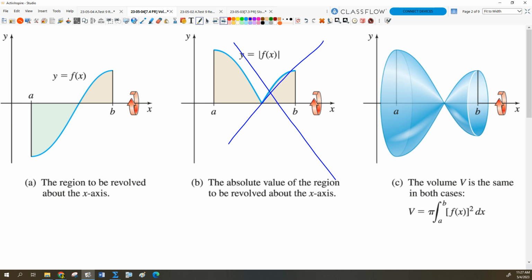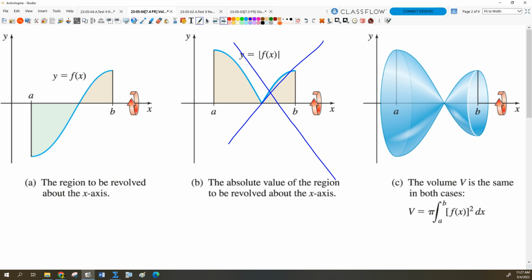No, you don't need to, because it doesn't matter if the curve is below or above the axis. When I rotate this thing 360 degrees, it's still going to carve out the same volume, right? It's not because it's squared, it's because I'm creating... I mean, you can just visualize this, right?